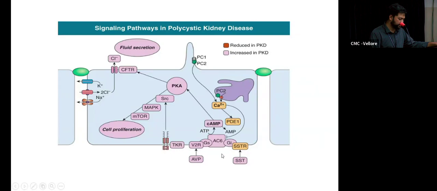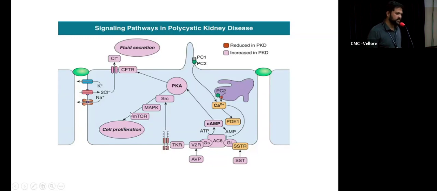As a result, the somatostatin receptors and the aquaporin receptors on the basolateral side of the tubular cells are not getting inhibited. So a lot of secondary messengers are produced, like cyclic AMP and protein kinase A. That will subsequently cause CFTR activation and calcium efflux, causing fluid secretion and cell proliferation.